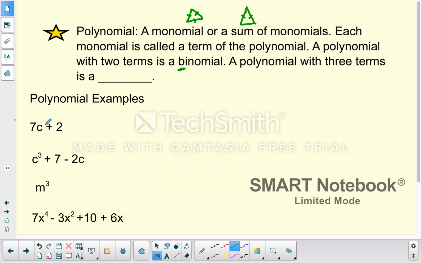Binomial is two terms. And then a polynomial with three terms, well, what's a prefix for three? Hey, we just talked about these guys. It's called a trinomial. So this would be a trinomial. You've got a plus sign and a minus sign, and you've got three terms. And you're probably saying, well, didn't you say the word sum, and isn't this thing right here subtraction, so wouldn't that be a difference?